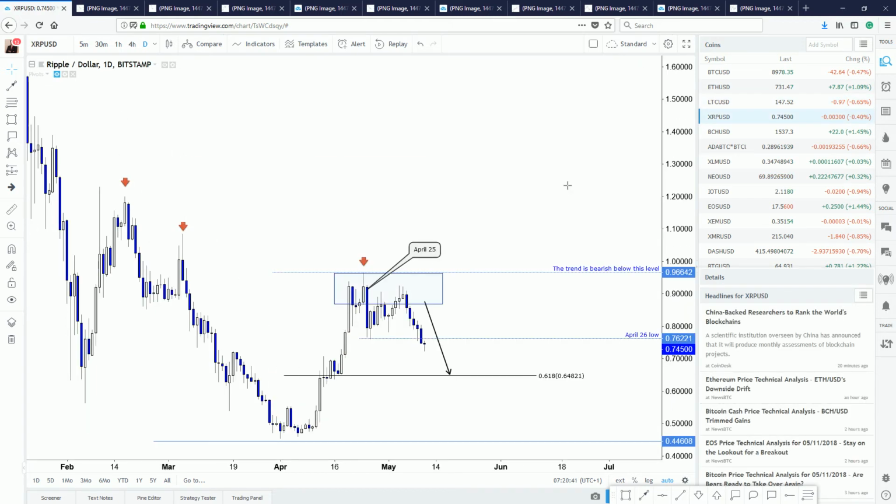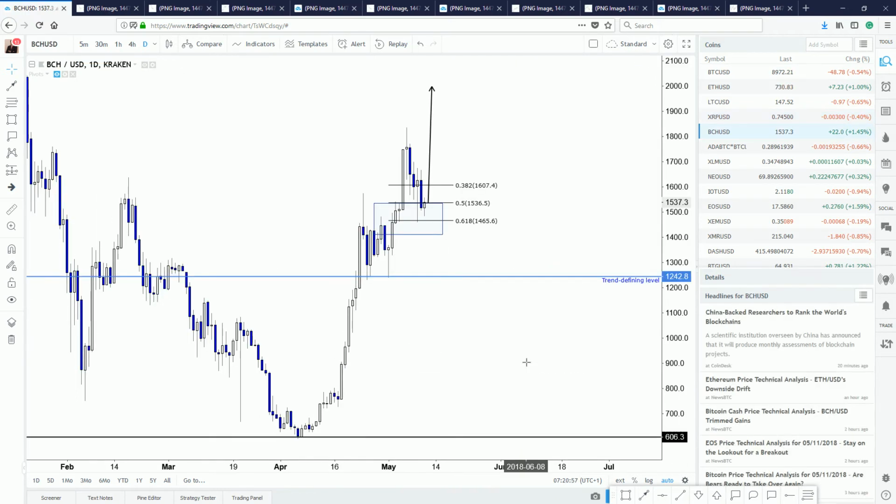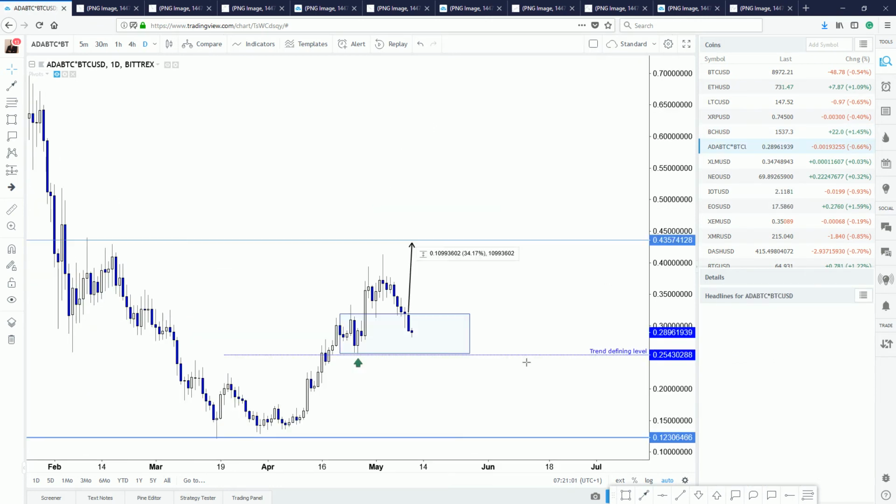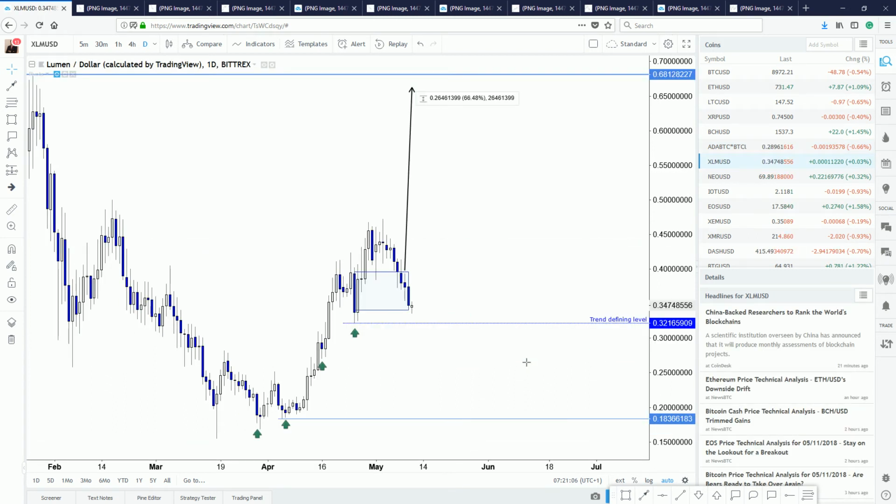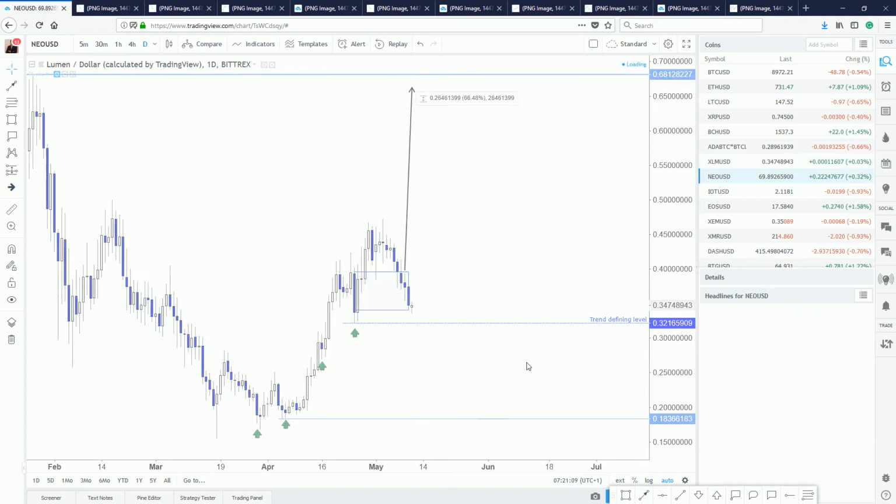Here is Ripple, which we said already on the 25th, I said we can sell if you wanted to, sell at 86.20 with a stop at 96.64. So that's bearish. Bitcoin Cash is bullish for now. ADA is bullish but close to support. And Lumen, very close to being stopped out.